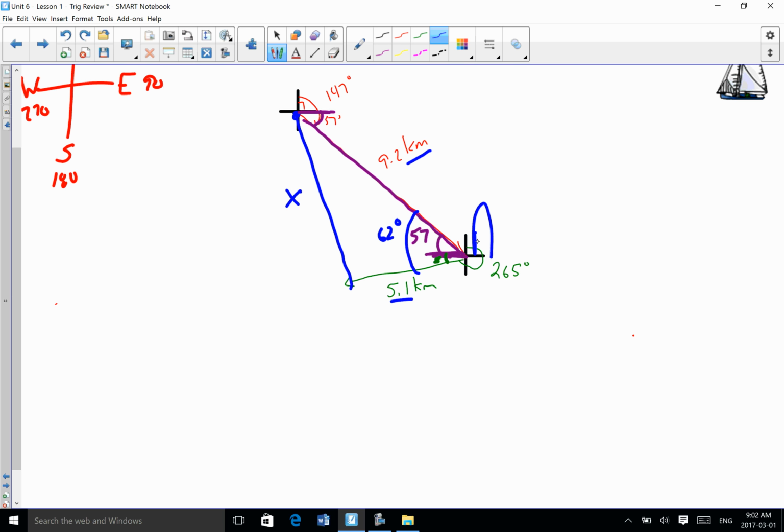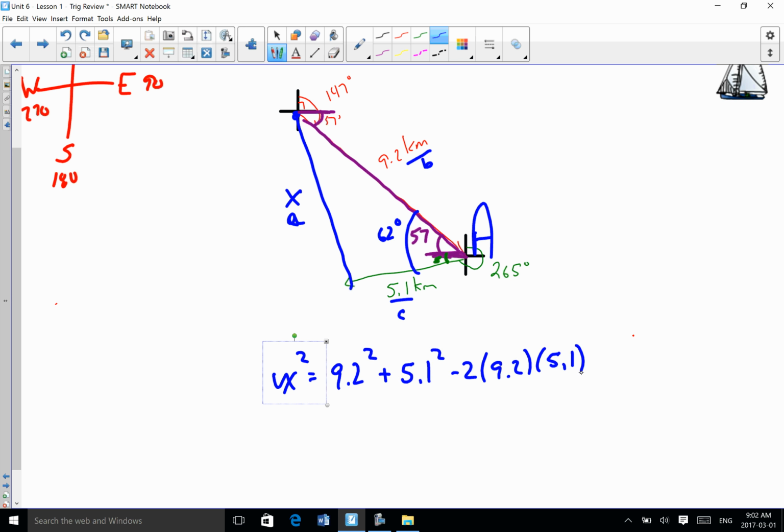Now, we have a cosine law question. We have big A, the angle we know, small a, the side we want to find. We have B and C, the other two sides. So using the cosine law, x squared equals b squared plus c squared minus 2 times b times c times the cos of the angle between them.